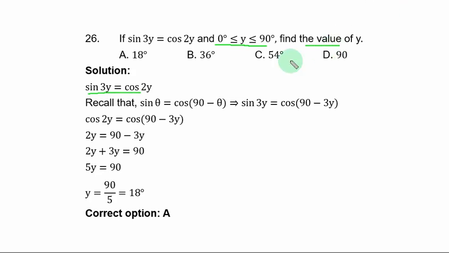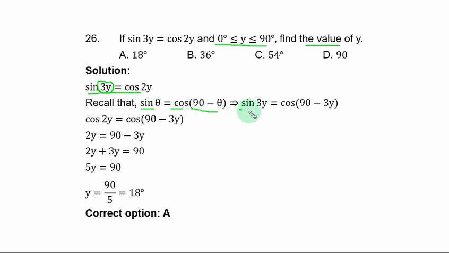From complementary angles identity, you have it that sine theta is equal to cos of 90 minus theta. Now let's come here, we replace theta with 3y.